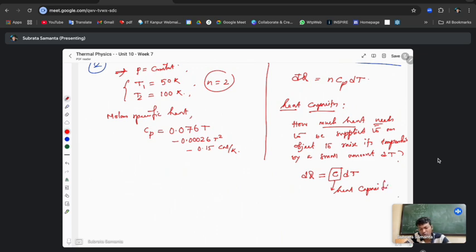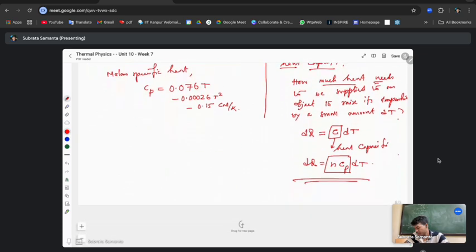For n mole of gas, the formula is dq equals n times C at constant pressure. This is your total heat capacity. So this Cp, and n times Cp for n mole of gas, is the formula.